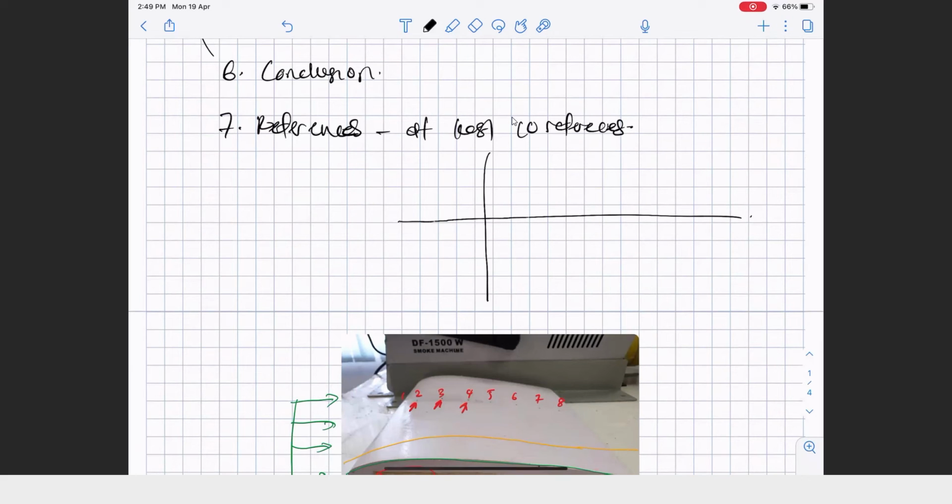When you plot CP, it's going to look something like this. This is CP, and this is your point 1, point 2, point 3, point 4, point 5 until point 8. You will see a curve that looks something like this. That is your CP that you've obtained from the data, and let's say that this is for the top surface.